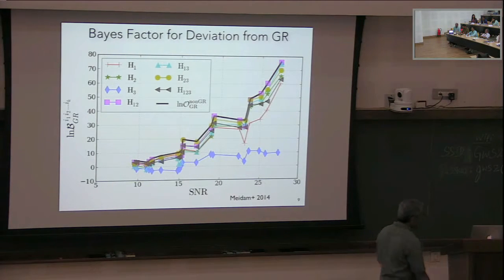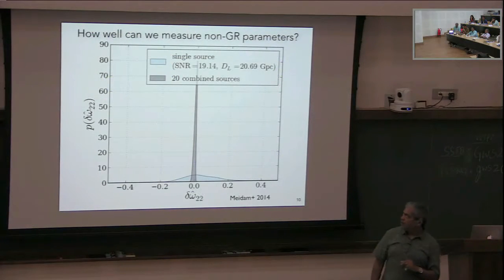So you combine observations. When you combine observations, then the posterior probability density, if GR is true, delta omega 2 will be 0. How strongly can we measure this? By looking at how strongly we can measure it, you can understand the power of combining different observations.